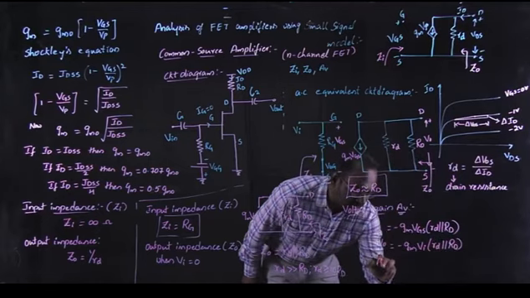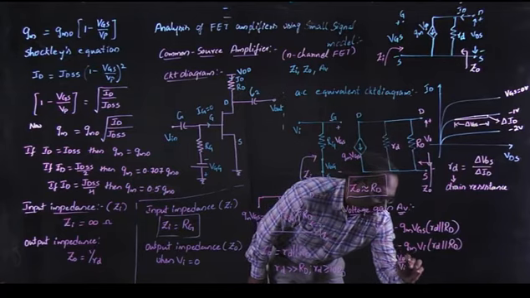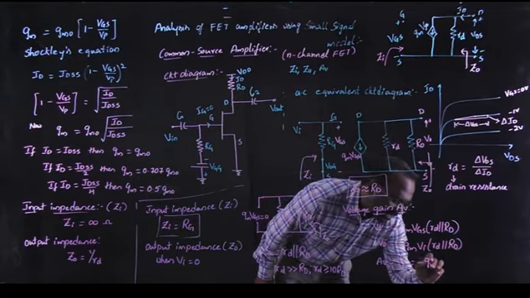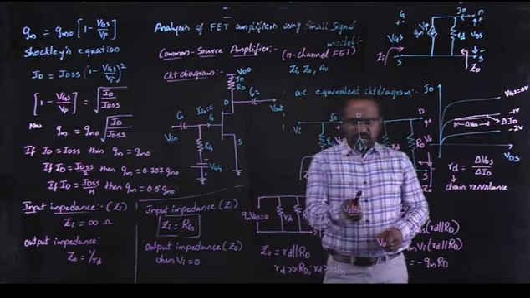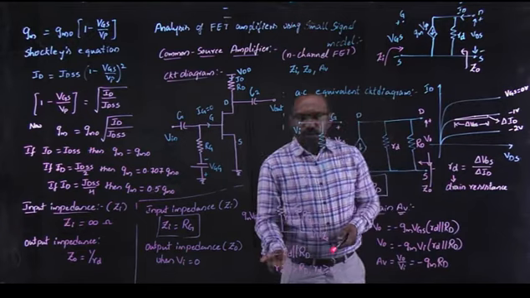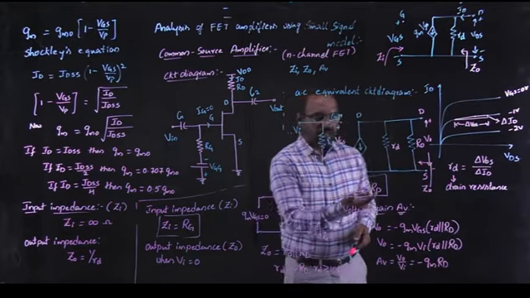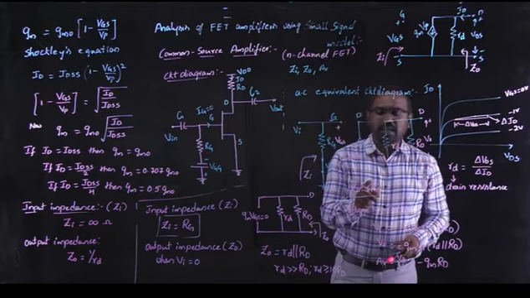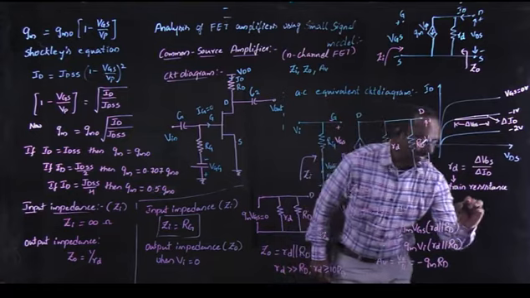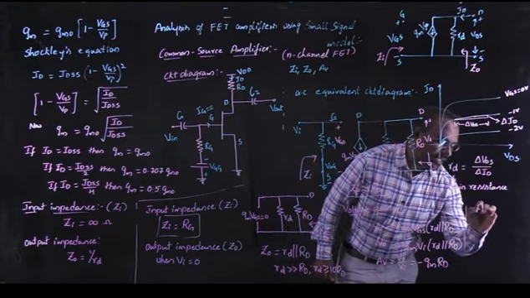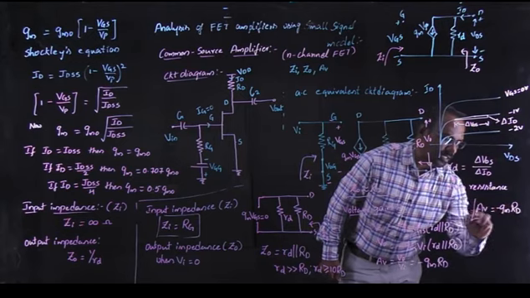So the voltage gain AV is equal to Vo by Vi, which is equal to minus gm into RD. Why? Because previously we have assumed the output impedance rd parallel with RD, equal to Zo, is equal to capital RD. So I have replaced with this. So this is the final expression for voltage gain: AV is equal to minus gm into capital RD.